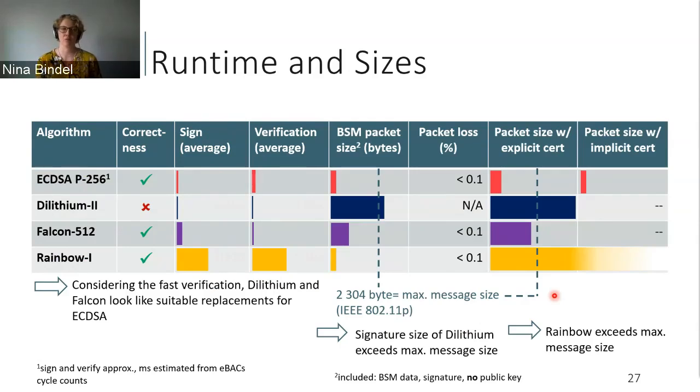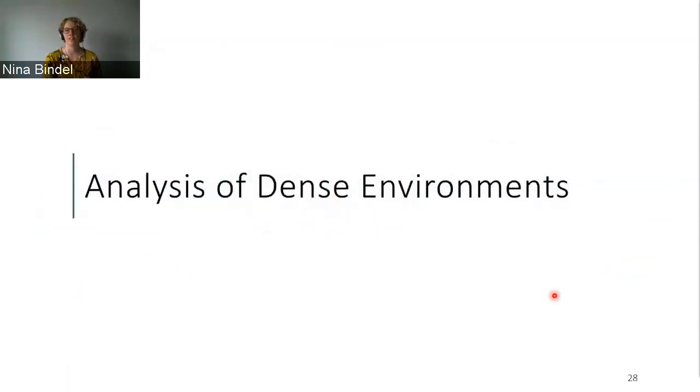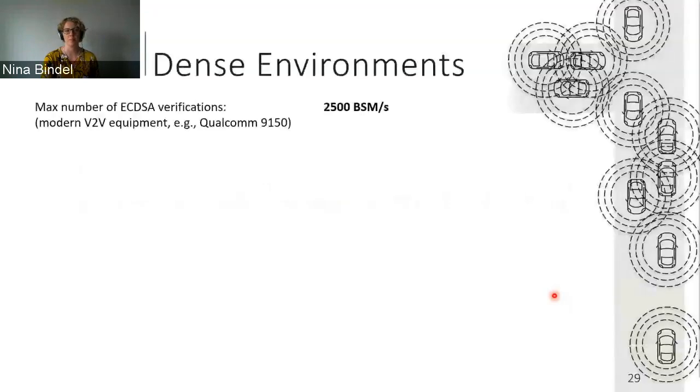All right, what does that mean for analysis in certain environments, for example, dense environments? The maximum number of ECDSA verifications, and this is a number given out by Qualcomm on their processor, which is used for modern V2V communication, says that they can verify up to 2,500 BSMs per second.